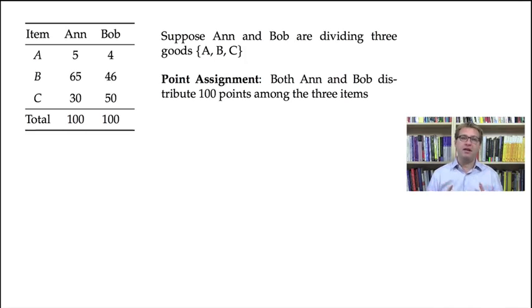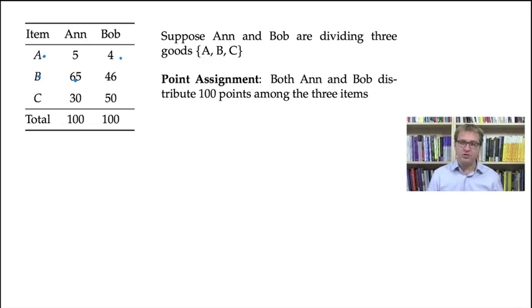Then Ann and Bob can divide up those 100 points among the items however they want, depending on their preferences. So for example, Ann assigns 5 points to A, 65 points to B, and 30 points to C. Bob assigns 4 to A, 46 to B, and 50 points to C.